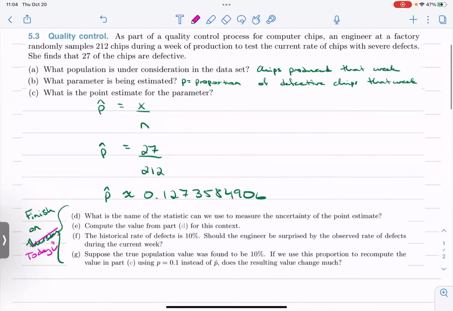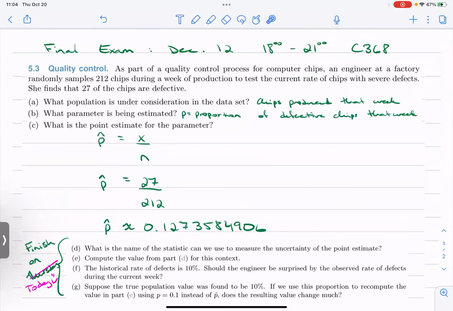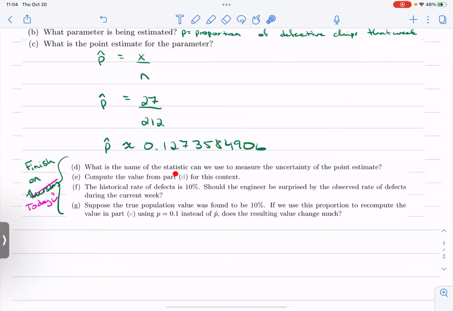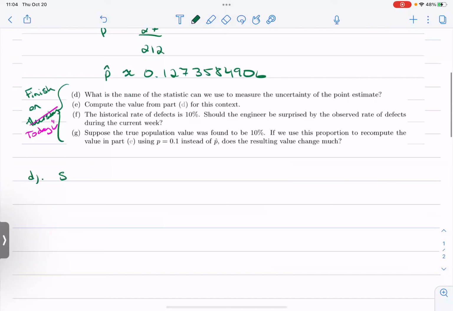So as far as we got, we looked at what's the population and what's the sample proportion. And then we were asked to find the name of the statistic that we can use to measure the uncertainty of the point estimate. And remembering from last day, that is the standard error of p hat.